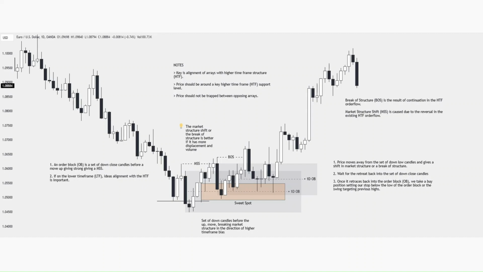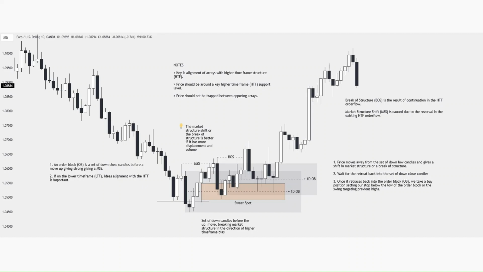If the price retraces below the sweet spot, this candle will tell everything. If the price retraces a bit deeper under the sweet spot, it might be a sign that your order block is weak and might not hold.